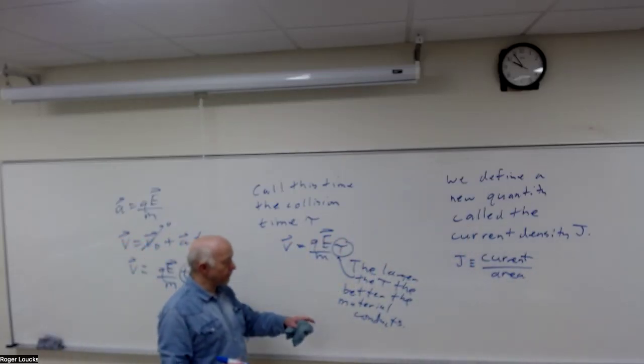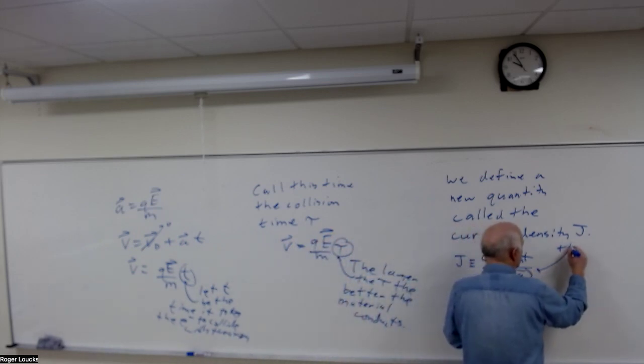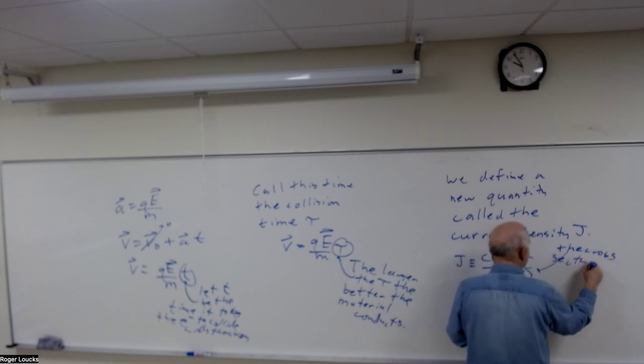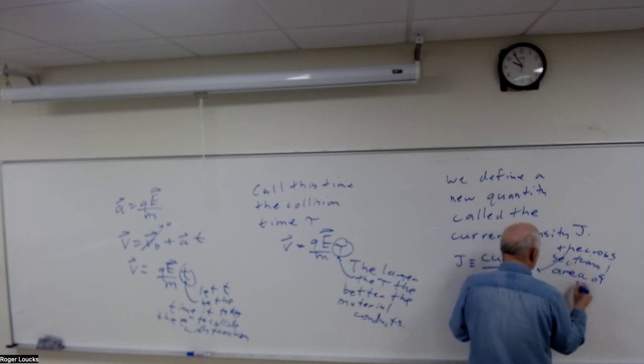So this area is the area of the wire. This is the cross section area of the wire.